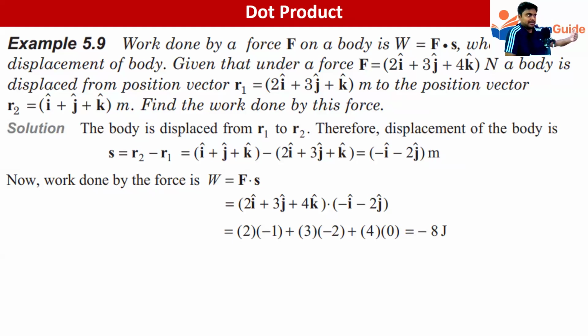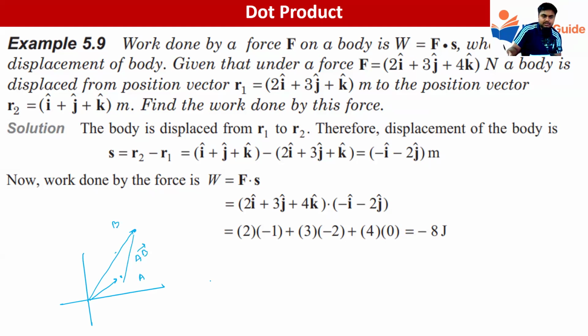Okay, the displacement vector is the final position minus the initial position. Why is it so? Let us say this is the initial position and this is the final position. This is A, this is B. Now we have to find the AB vector. We can see very clearly OB vector is equal to OA vector plus AB vector.